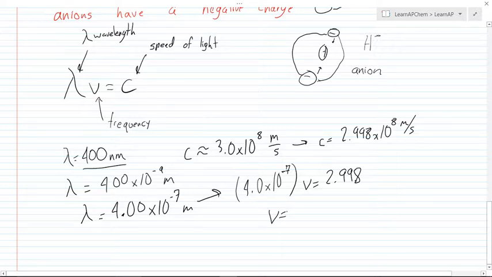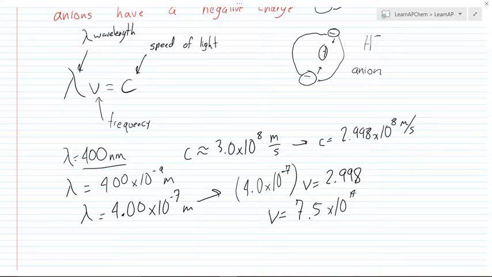And so here I'm just solving for v, and here I would get 7.5 times 10 to the 14th. Now again, you might be wondering, well, what's my unit? Do I have to involve meters per second and meters and try to figure out what the units are?